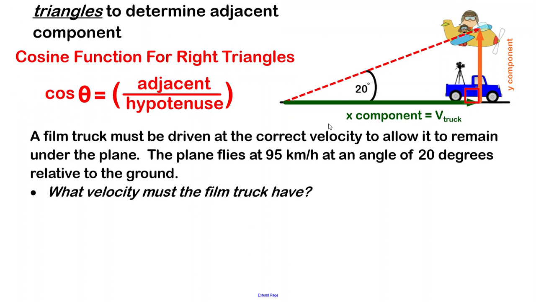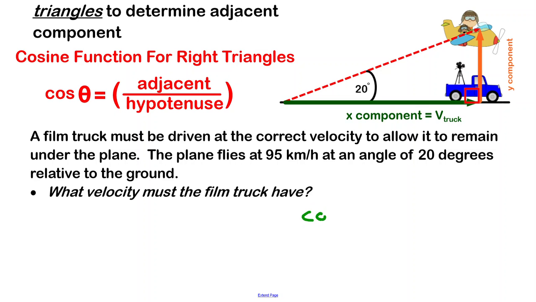Well, it's going to be cosine, right? So cosine of theta is equal to adjacent. Okay, but now I think it's helpful to start putting these in not as adjacent and hypotenuse, but what they actually are.